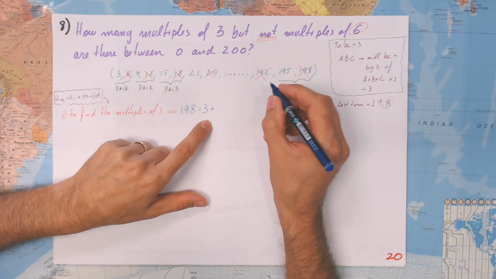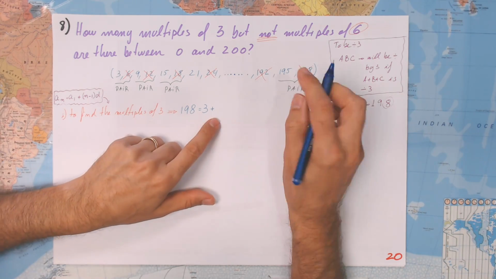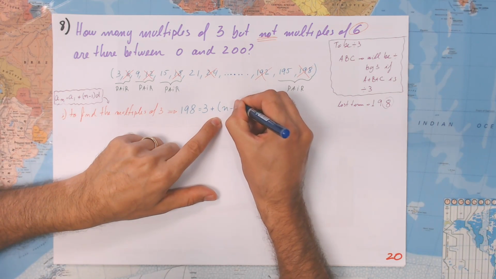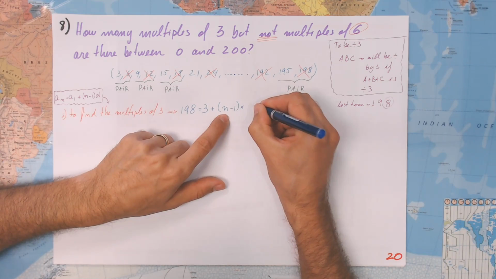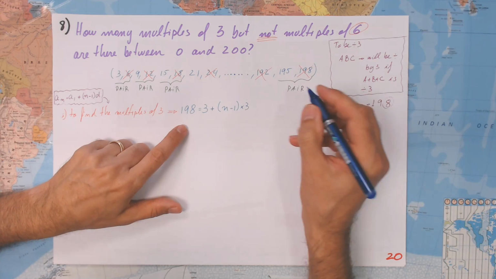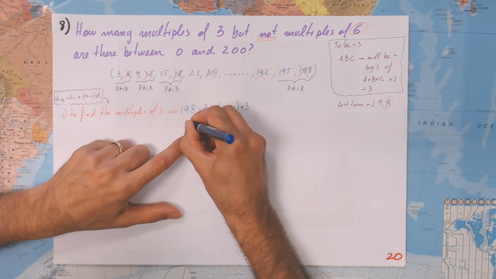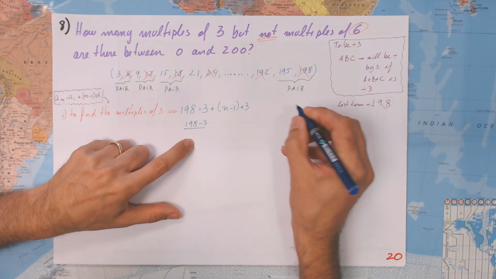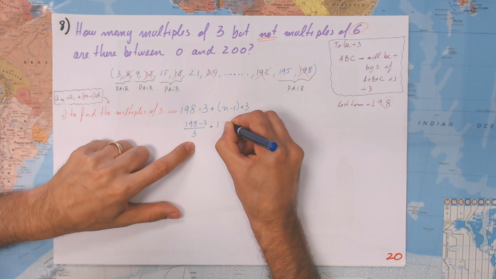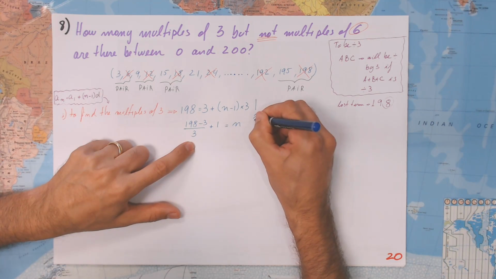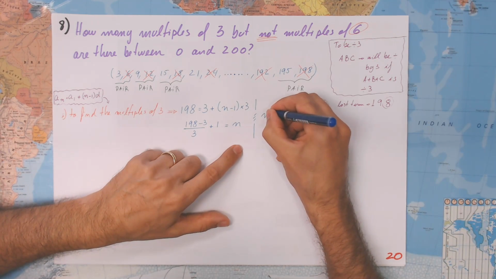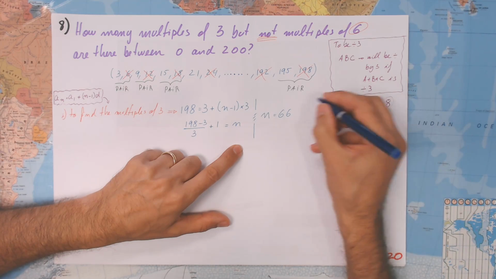Well, that's what we're going to find, right? We're trying to find how many multiples we have in here. This is going to be our variable, and times 3. D is 3 in this case, right? So 198 minus 3 divided by 3 plus 1. This is going to be the value of n. You can just check, and in the end we're going to get that n is going to be 66.